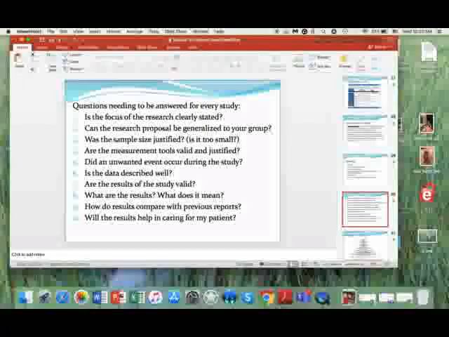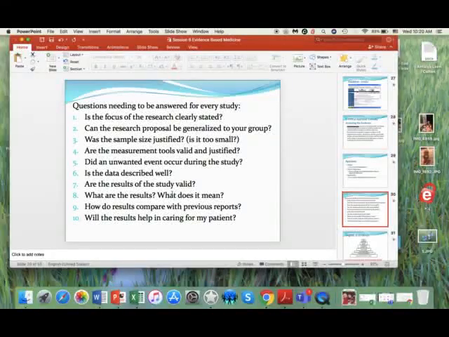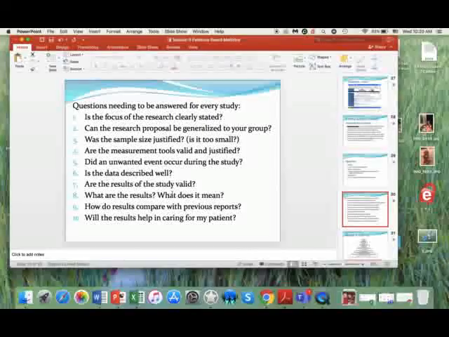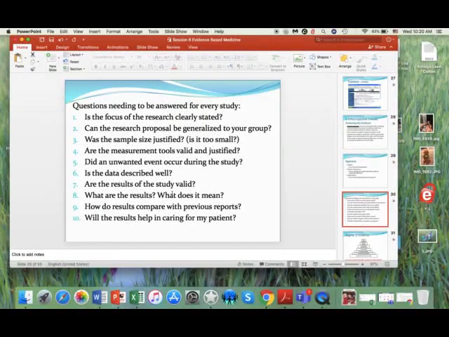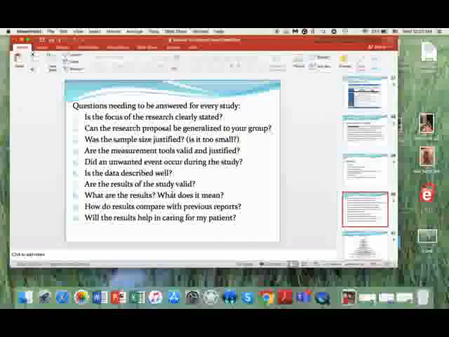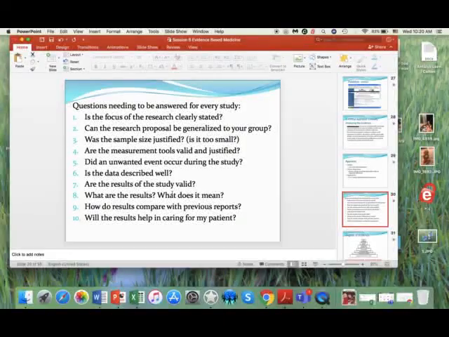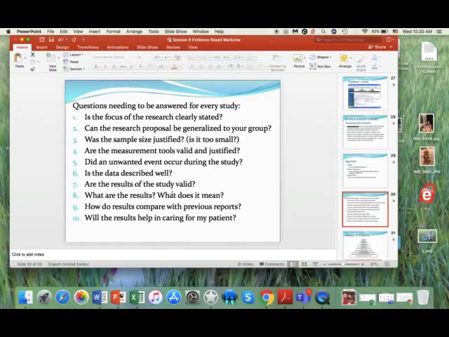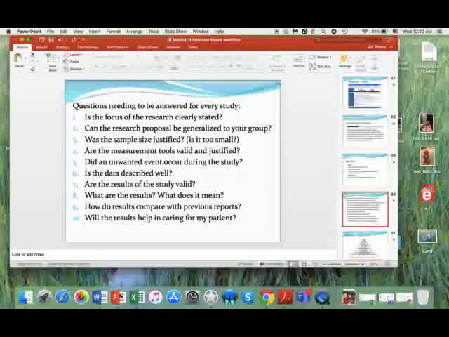This seems like an obvious question, but sometimes the results are written with a lot of medical terminology in a very wordy way, a very high level of medical language. And sometimes it's hard to know, okay, what are the results really telling me? And then how do these results compare with previous reports? Does this agree with other studies done before? Does it disagree? And then lastly, the applicability. Does this actually help me care for my patients better?